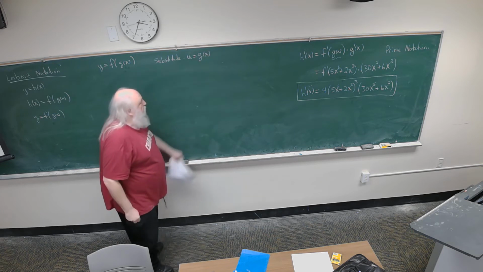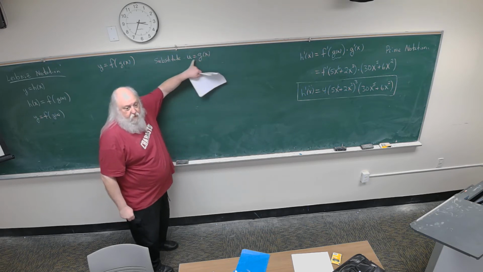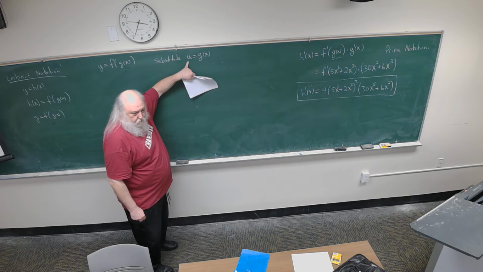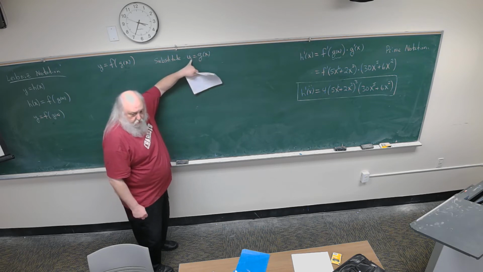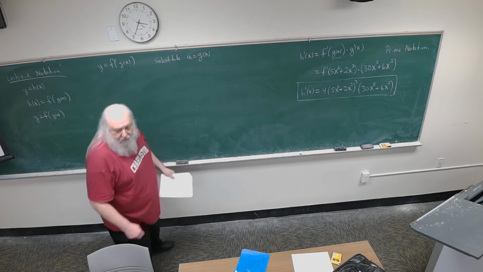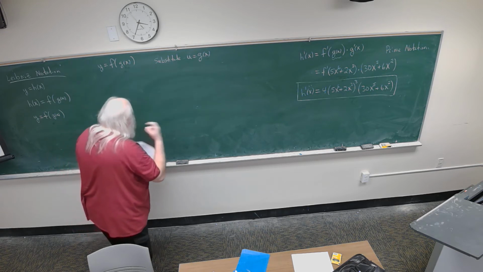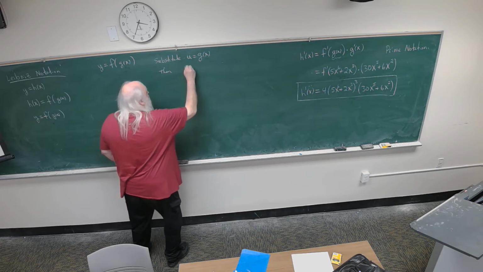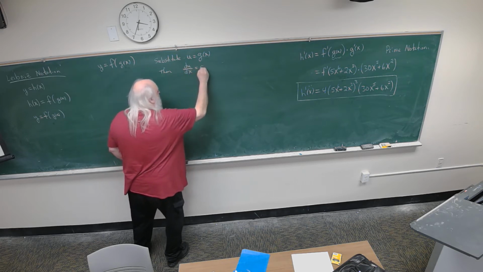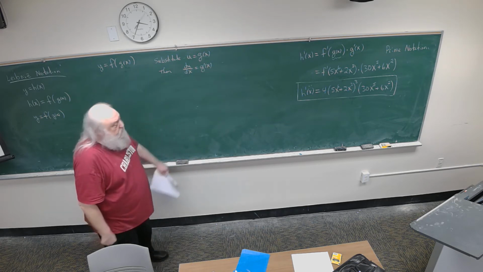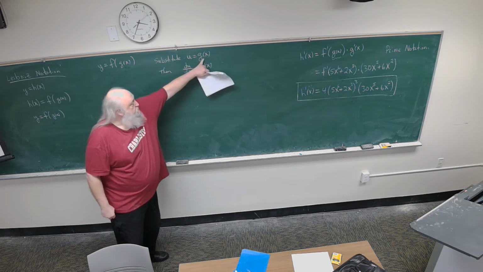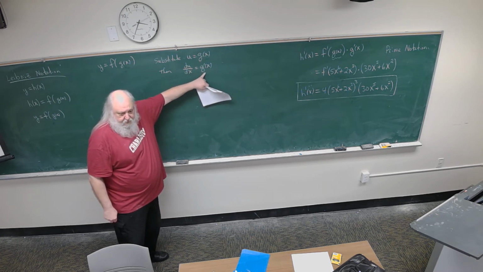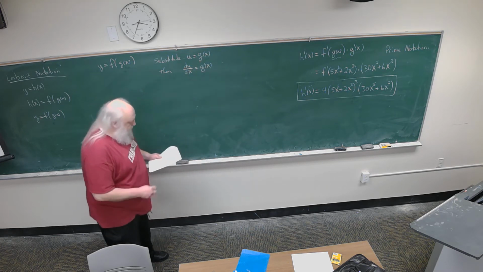So in function notation, x is the independent variable, u is the dependent variable. X is the input, u is the output, just like with x and y. When we make that substitution, then the derivative of u with respect to x is equal to g prime of x. The derivative of u with respect to x is equal to the derivative of g of x with respect to x, which we denote with g prime of x.